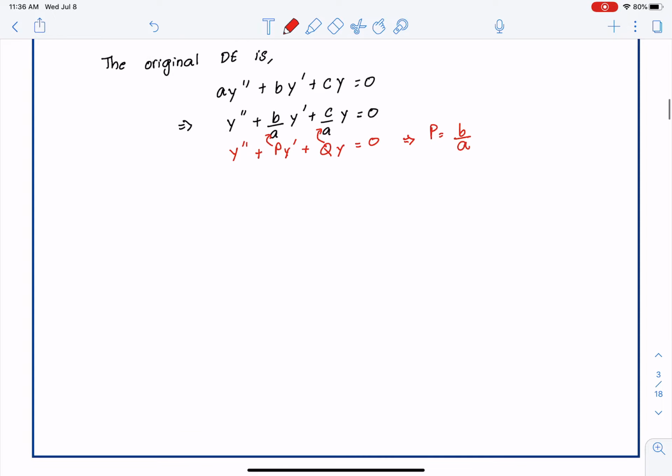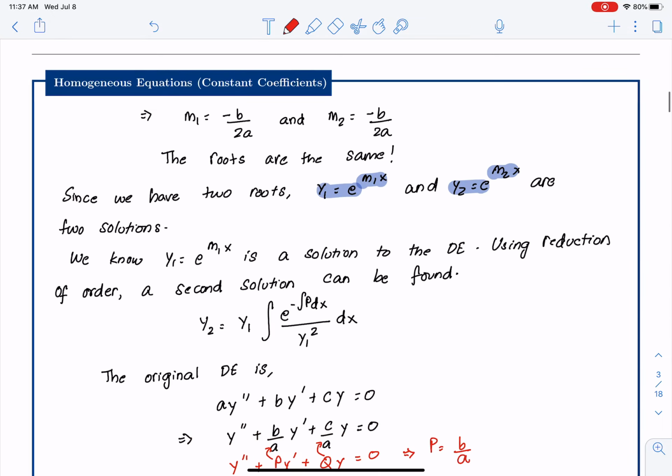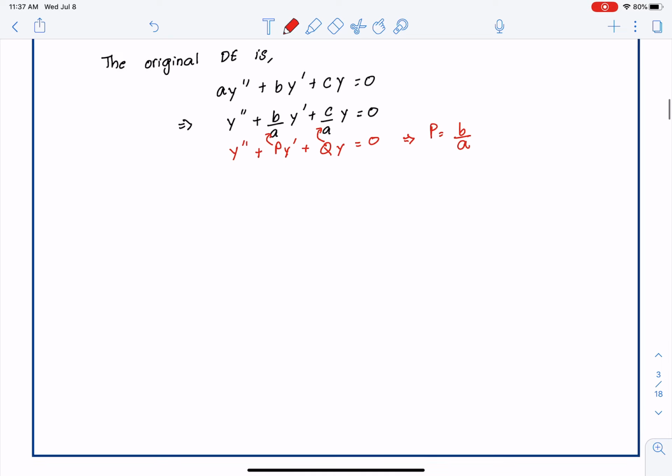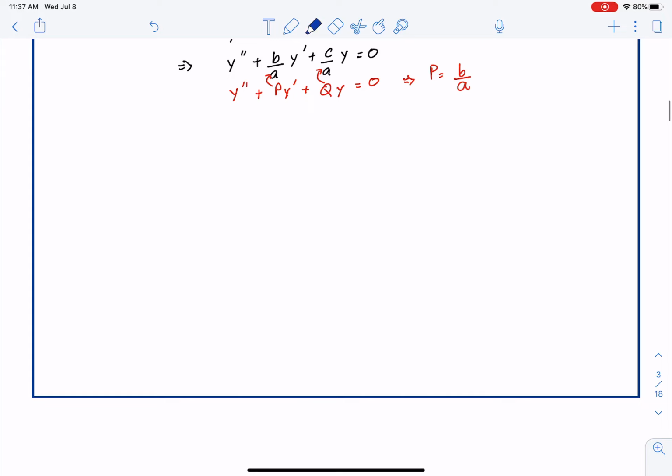Now, we don't want b and a in the solution, rather we want the root in the solution, because if we find the root, then we can make use of the root to find the solution.